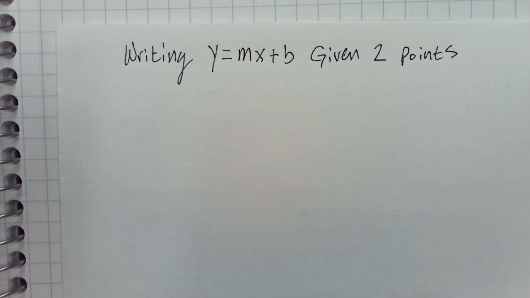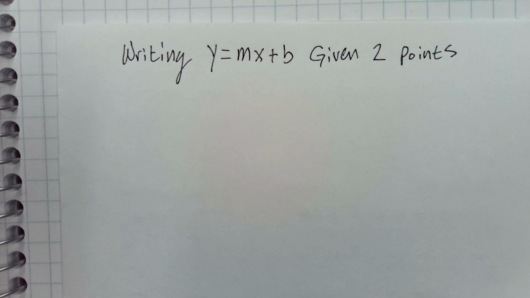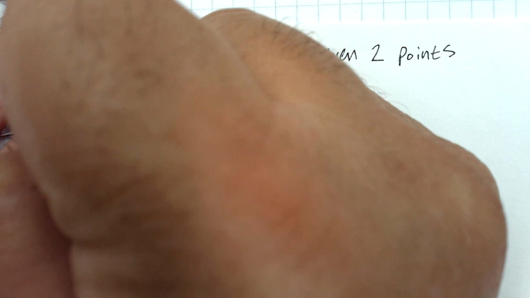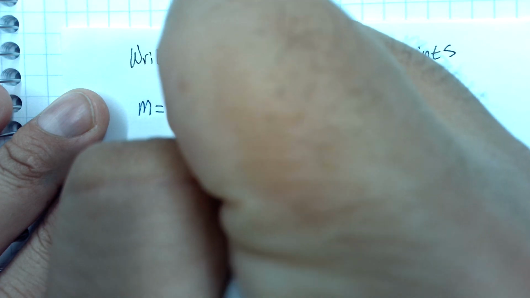So the first thing, though, is we need to reacquaint ourselves with that slope formula. Remember the slope formula? The difference in y values over the difference in x values. I'll write it.